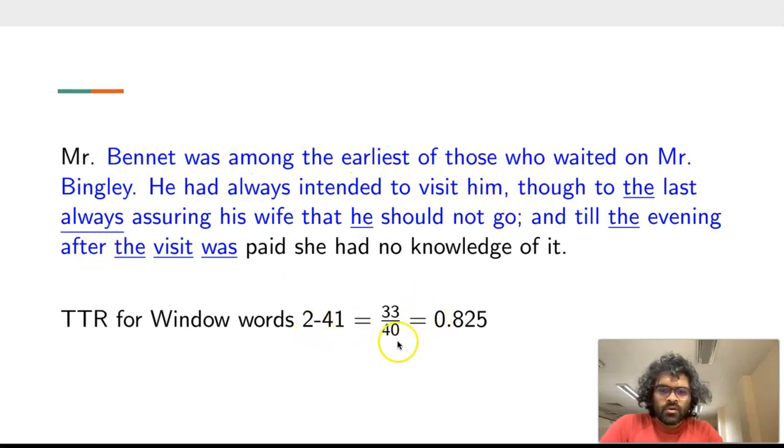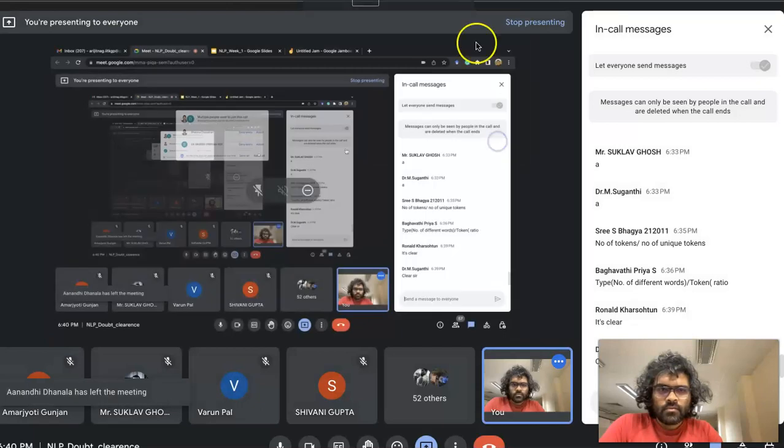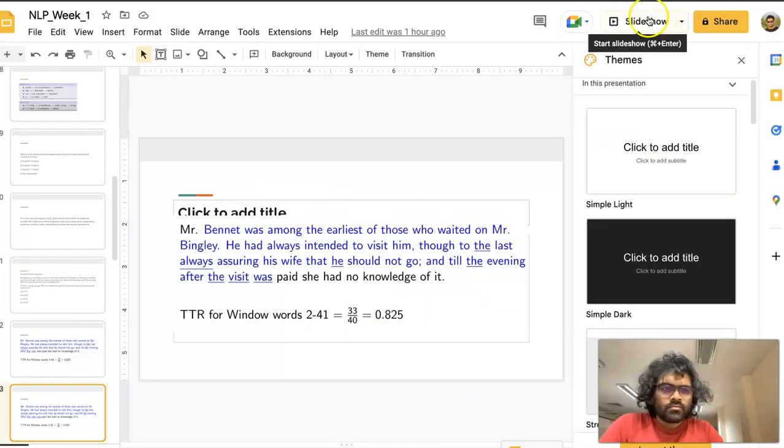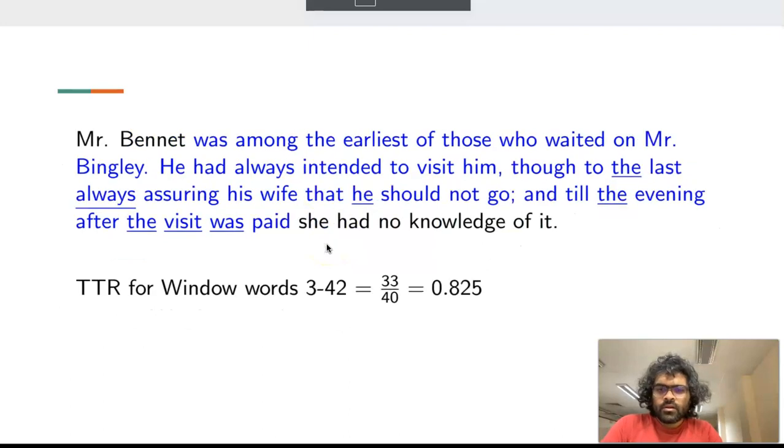The total number of words is 40 in the window, because we are searching with a window of 40. In these 40 words, there are 7 words which are repeated. So 33 distinct words, so TTR is 0.825. Similarly, we'll go to the next 40-word window.